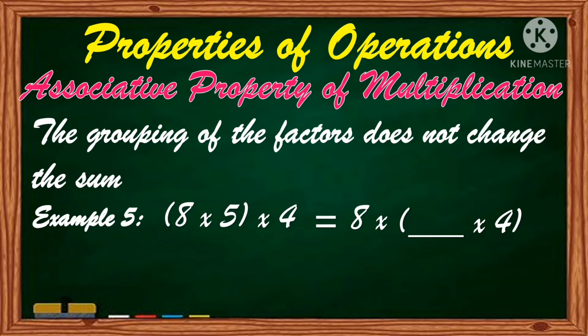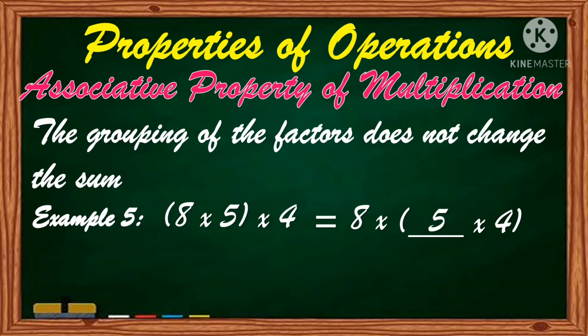Even if we change the grouping of the factors, the product would be the same. So what do you think is the missing number? Okay, very good kids. We have 5.